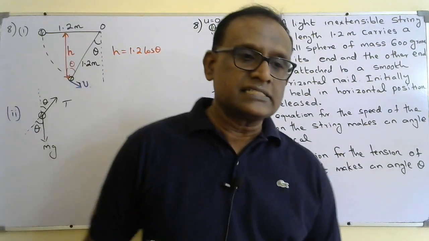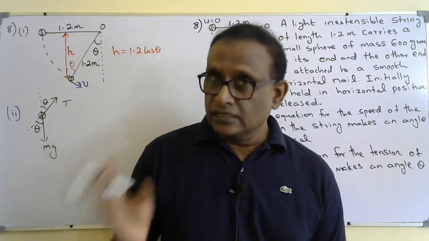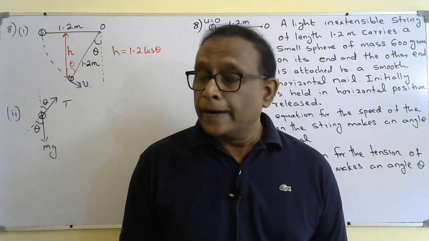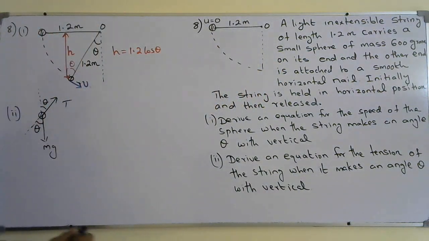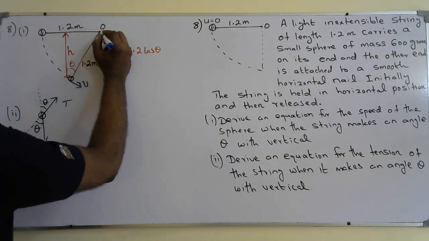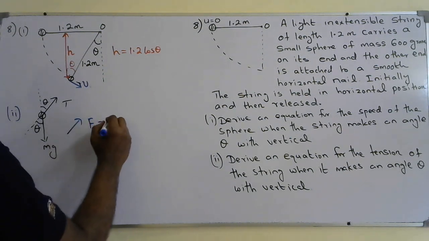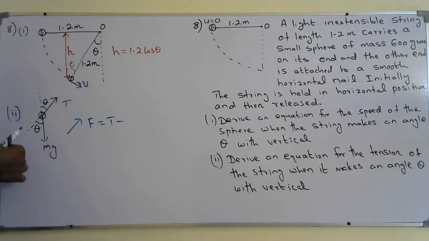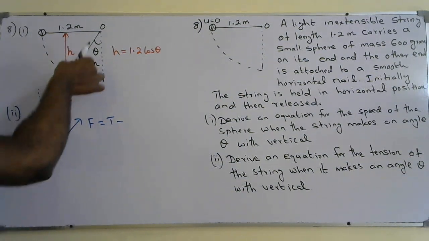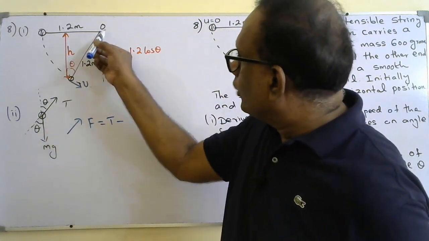For this vertical circular motion, the centripetal force is given by the resultant force towards the center of the circular path. We need to consider the resultant force along the string towards O, the center.